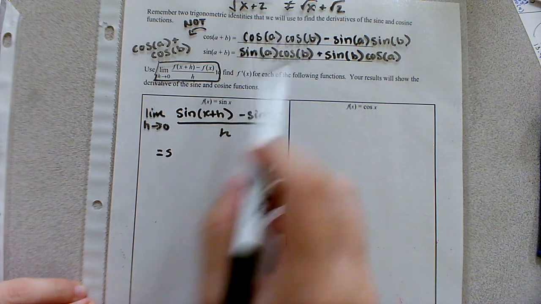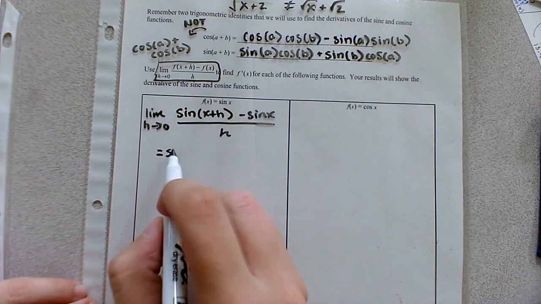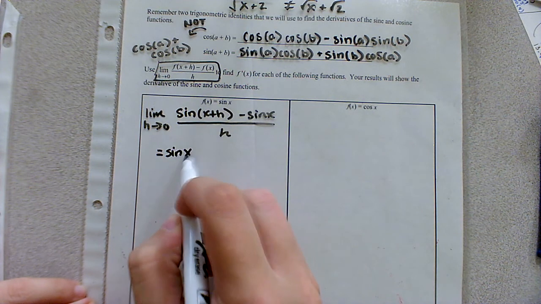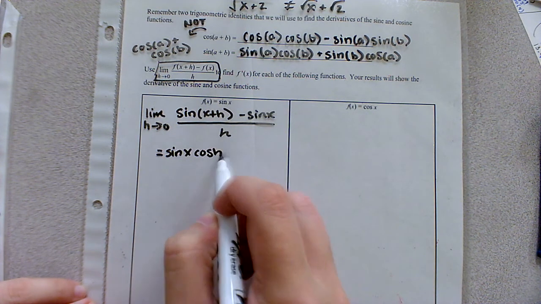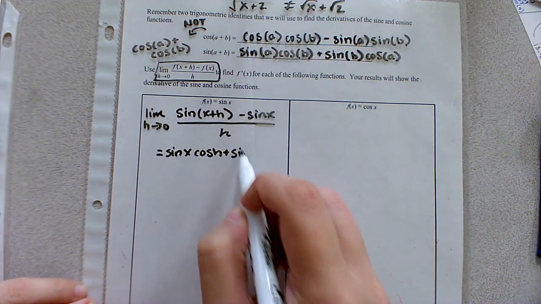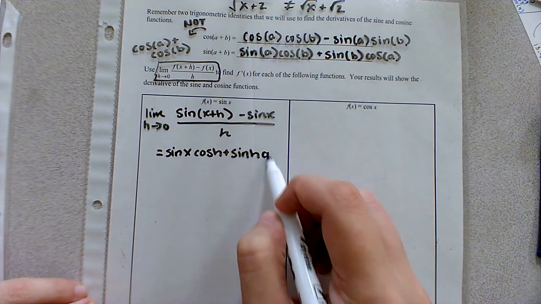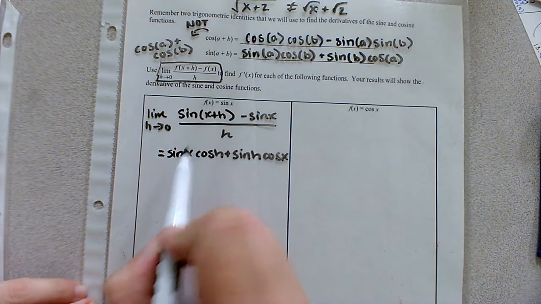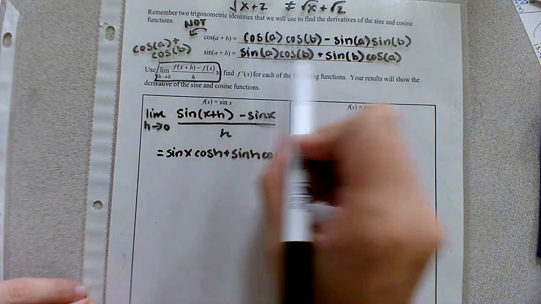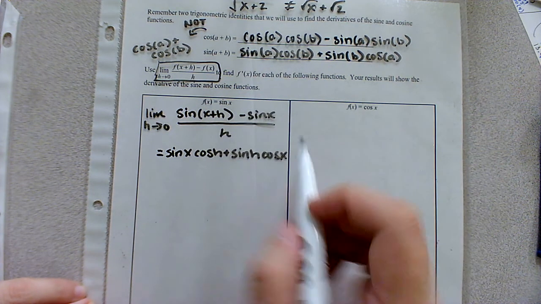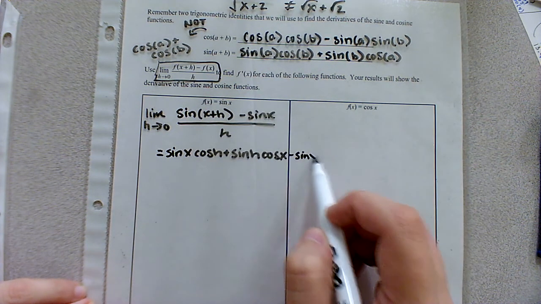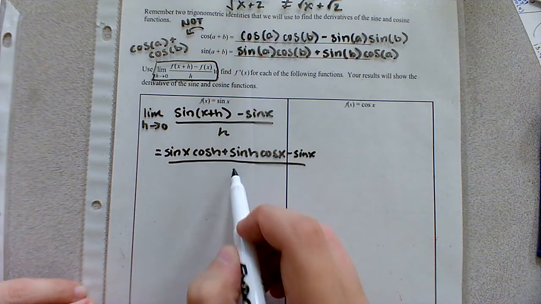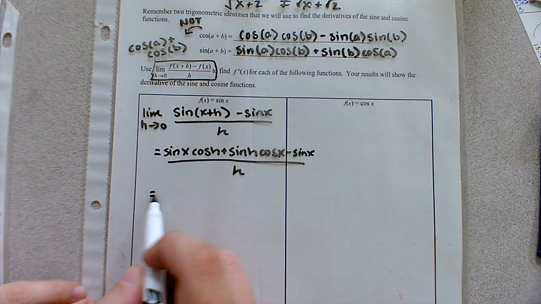Instead of a's and b's, we're now going to have x's and h's. So we'll have sine of x cosine of h plus sine of h cosine of x. That's just how this first piece would expand based off of the identity. We still have to subtract sine of x, and this is all over h.